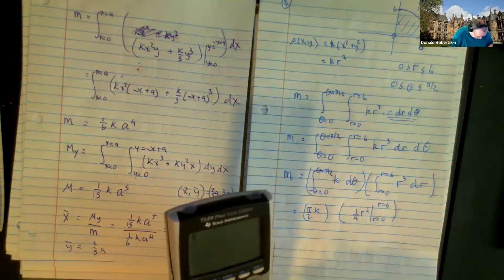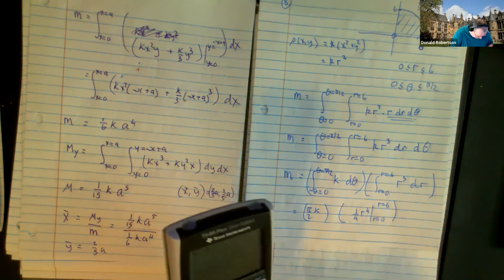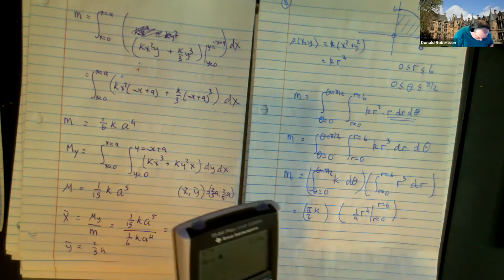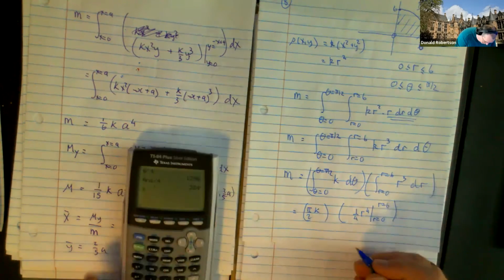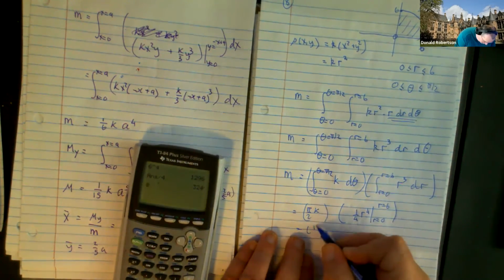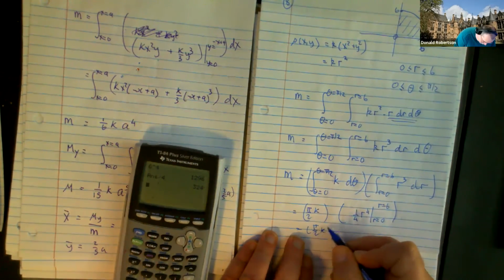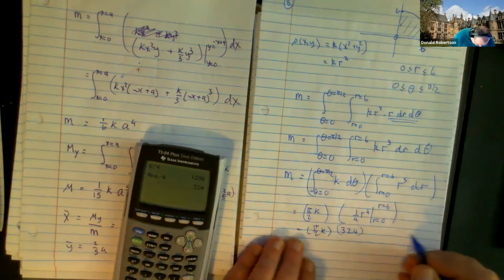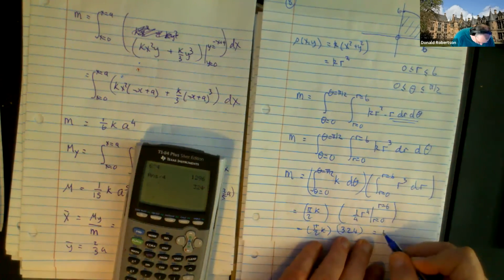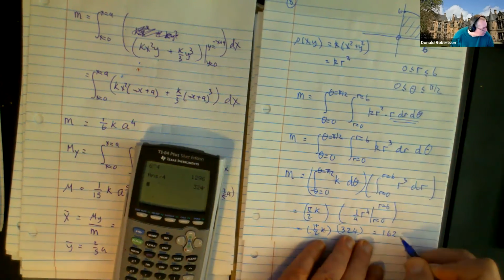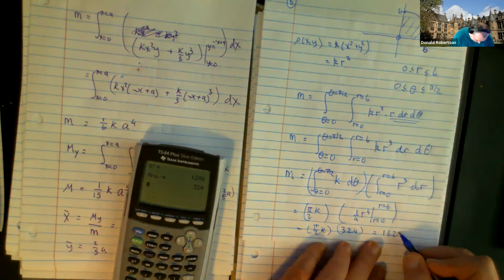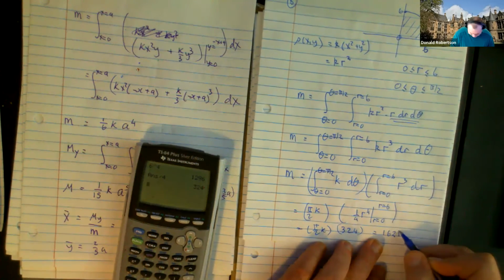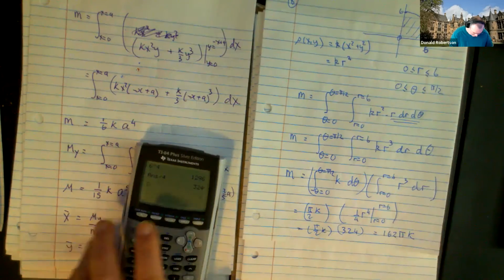So let's do it. 6 to the power of 4, which is that guy, divided by 4 is that guy, and I get 324. Take away nothing, which gets me 162 pi k, which is actually not that bad.